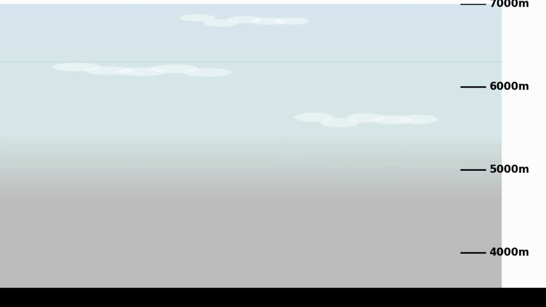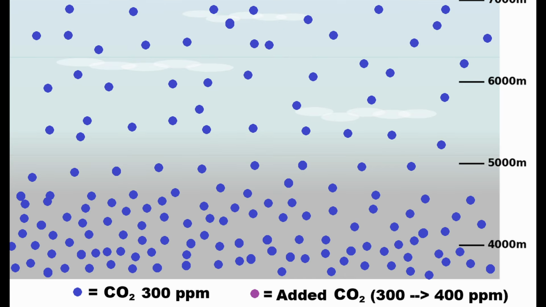So now imagine we zoom in right at that 5,000 meter layer. Now we're just a few meters above it. And now imagine we increase the CO2 concentration everywhere from the bottom right up through this 5,000 meter layer. Let's say we increase it from 300 to 400.